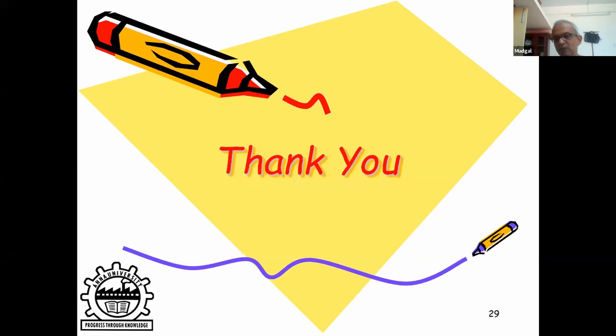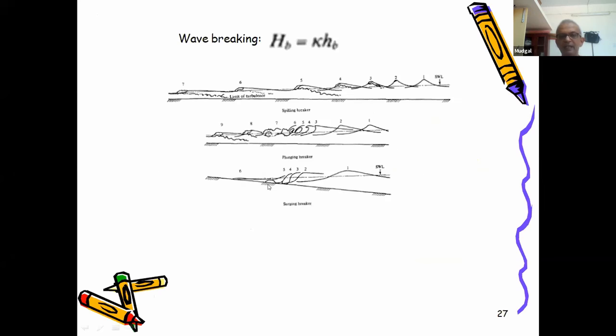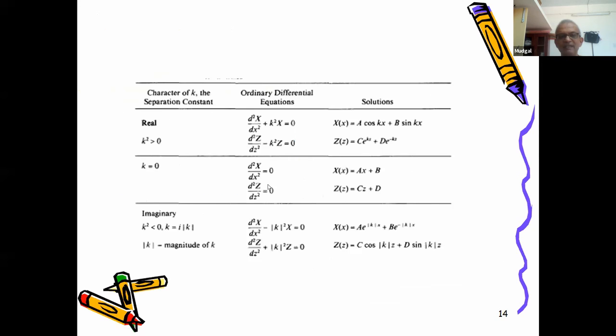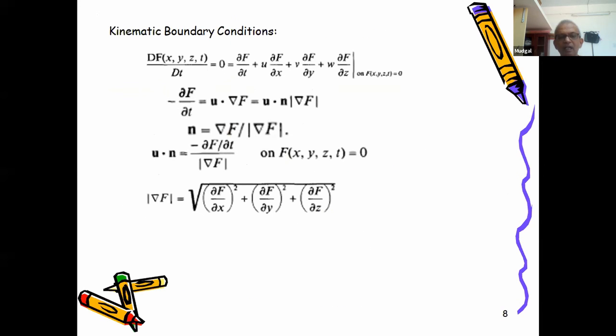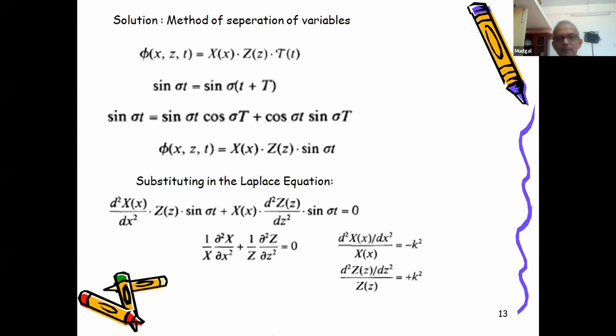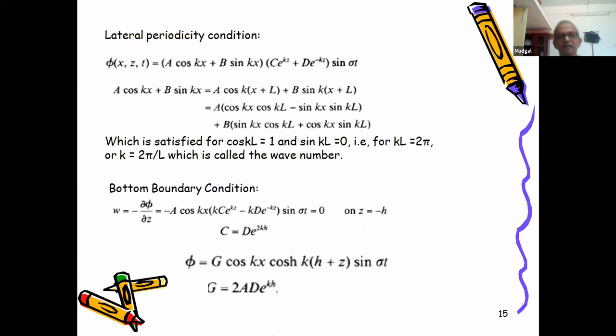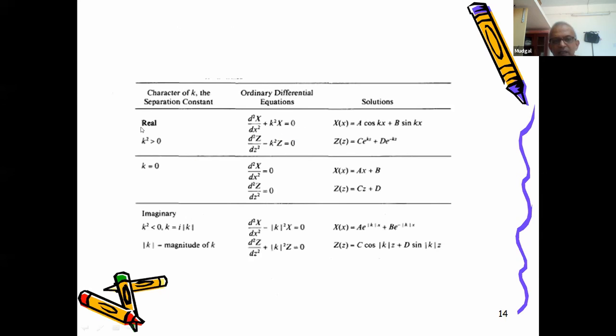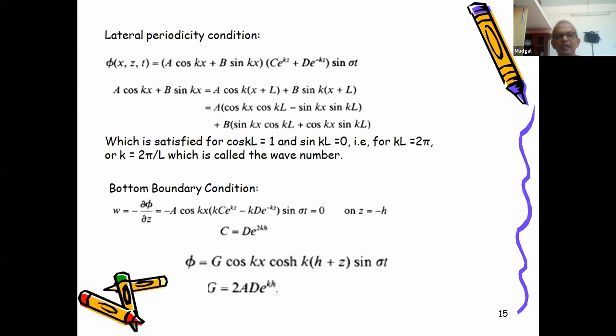If you look at the earlier slide, at the top, the first line, phi is equal to (A cos kx plus B sin kx) into (C e to the power of kz plus D e to the power of minus kz).